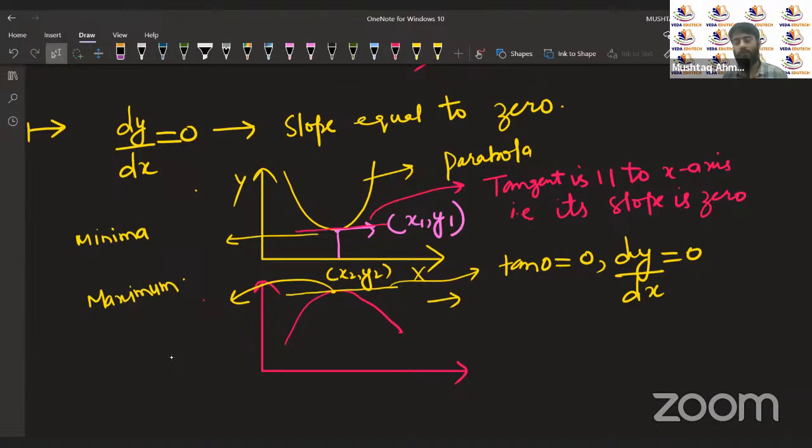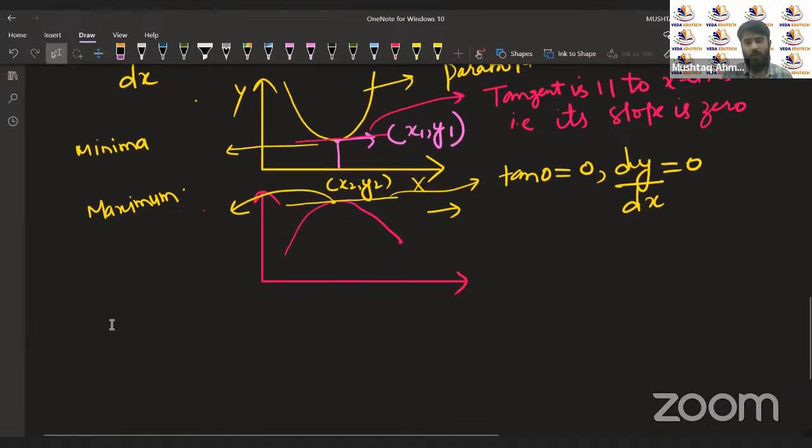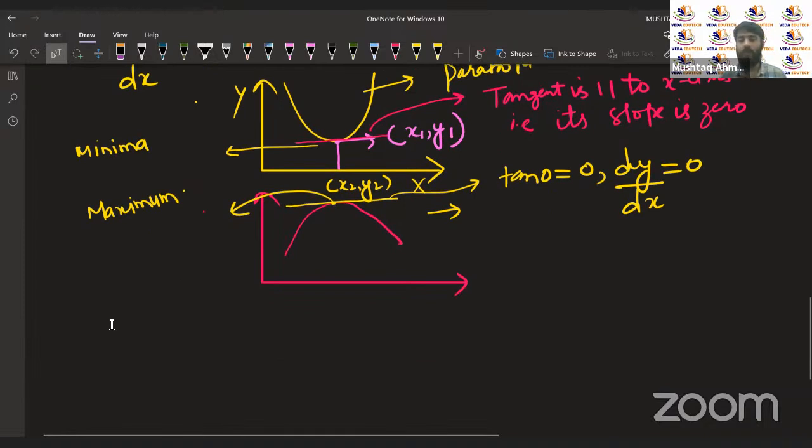If at some point x0 on some curve the derivative is 0, it means that either the point represents the maximum value of the curve or the minimum value of the curve. Now, if at some point the value of the derivative is 0, how can we check whether the curve has a maxima or minima at that point?